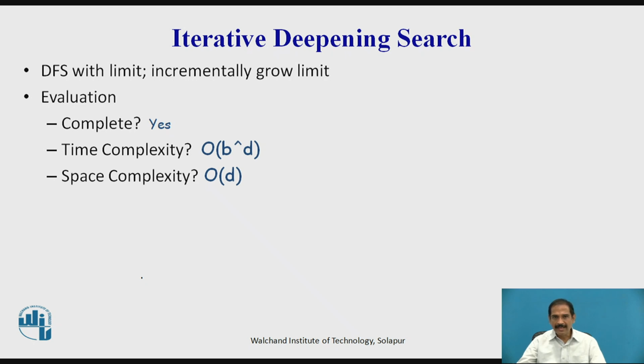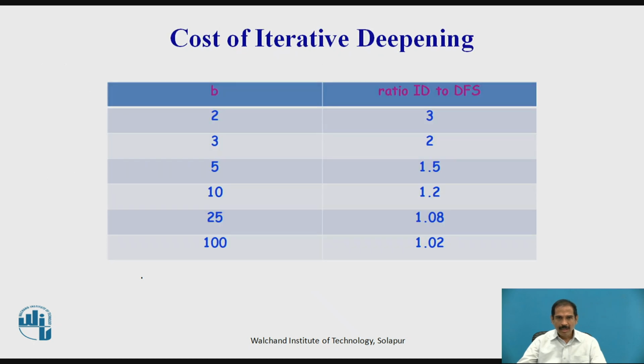I call that iterative deepening depth first search, and therefore I could evaluate this method to find out that, yes, it is complete. It has a time complexity of O of b raised to d. It has a space complexity of O of d, where d is the depth and b is the branching factor in my graph for a particular node under selection.